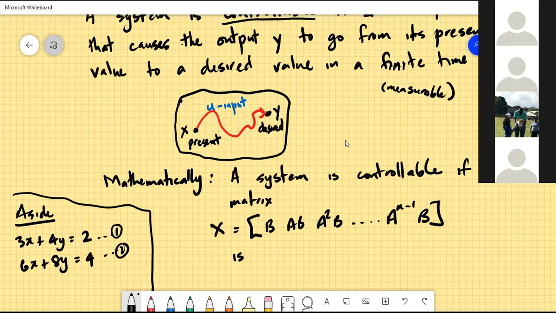One is half of the other one. So if I multiply equation 1 by 2, I get equation 2. Basically, it's only one equation that we have here. They might try to disguise themselves as two equations because you see me write down two, but it's really one equation. So the rank of this set of equations is equal to 1.